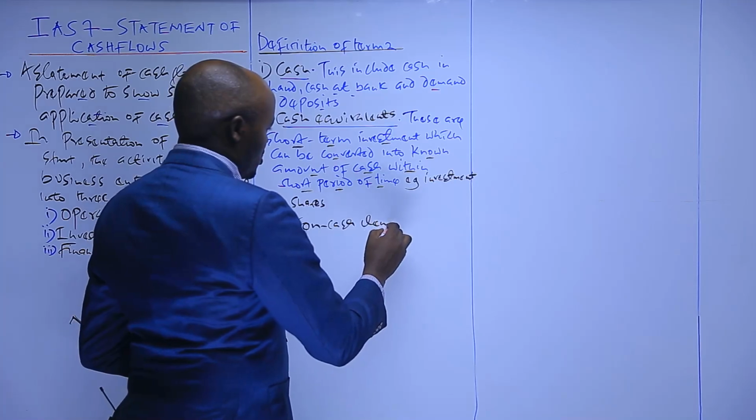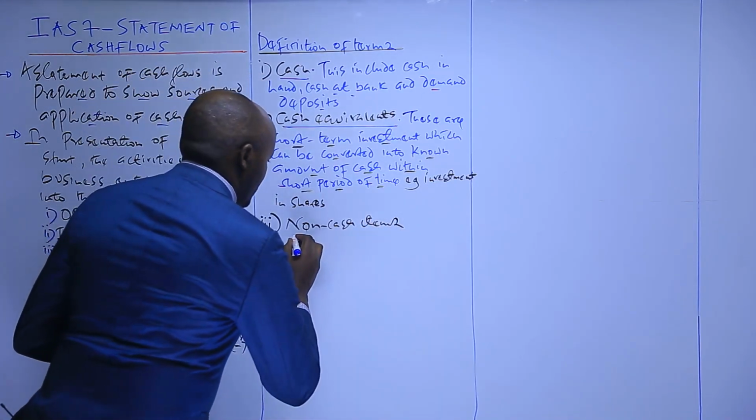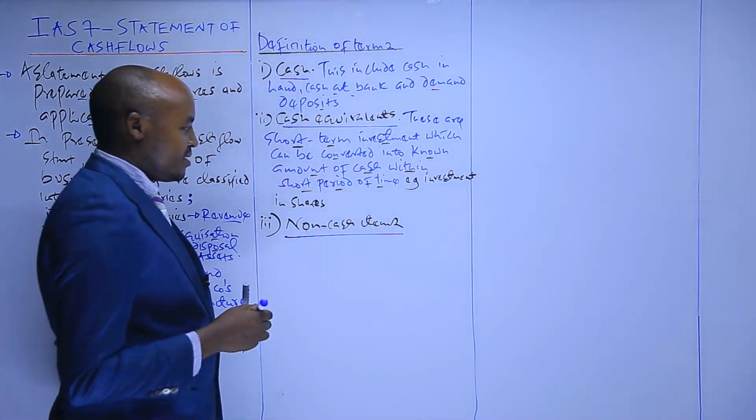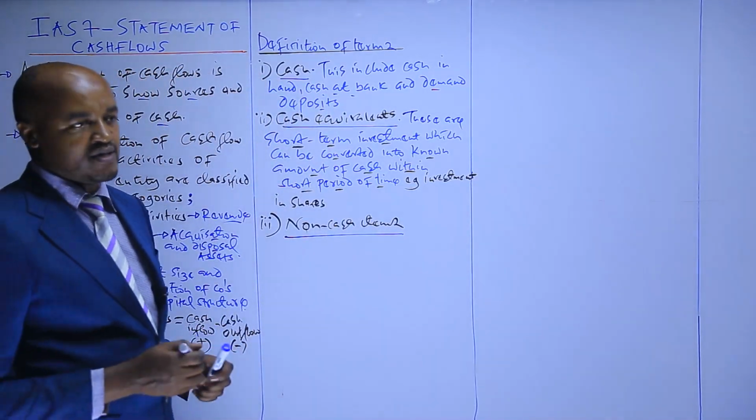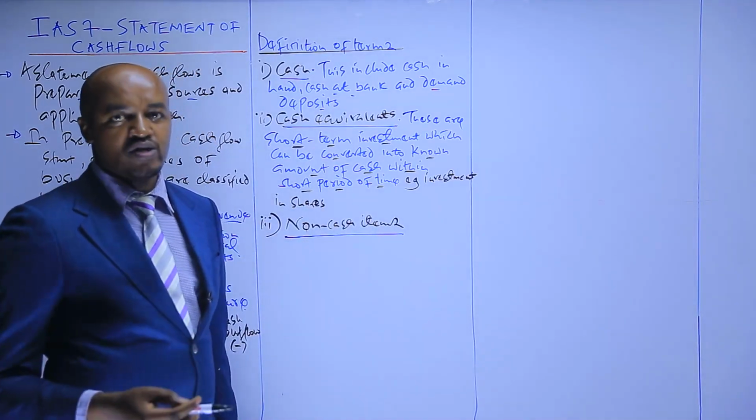Non-cash items. When we talk about non-cash items here, we are talking of items of incomes or expenses which do not involve cash inflows or cash outflows.